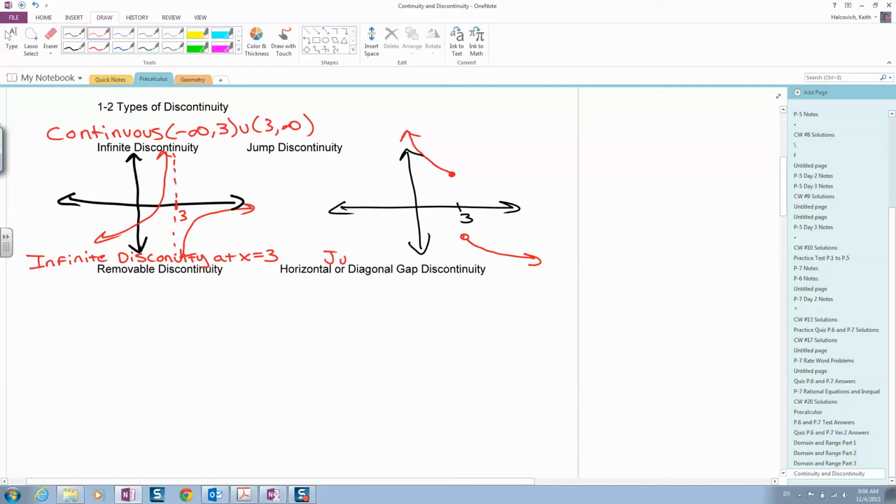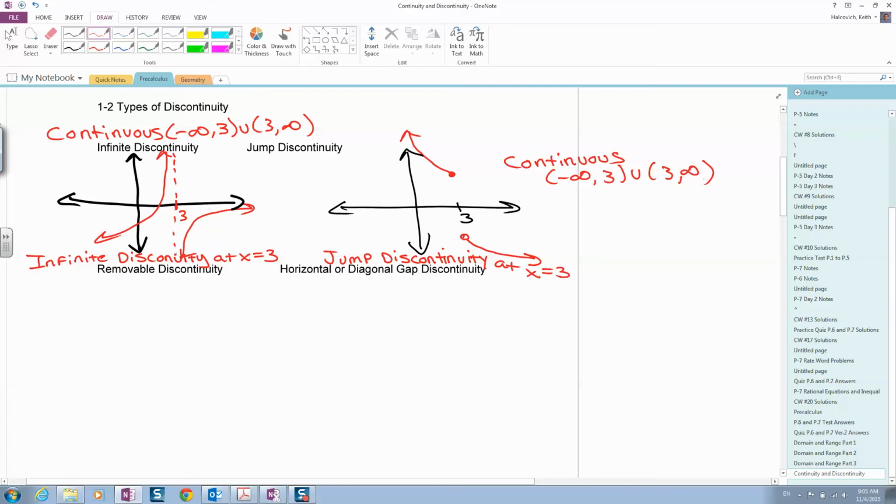This is considered a jump discontinuity at x equals 3, and it's continuous on the interval of -infinity to 3 and 3 to infinity.